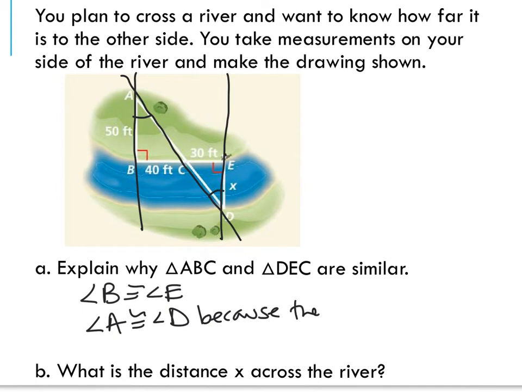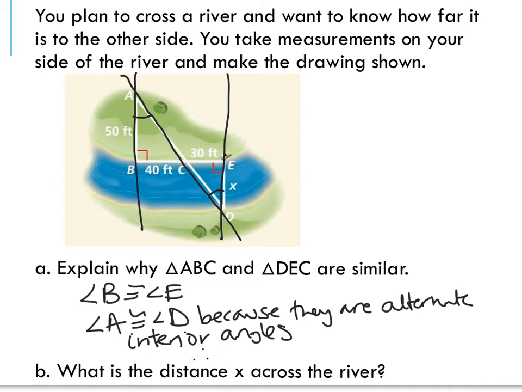because they are alternate interior angles. All I really need is two of them to prove that they are similar to each other. So therefore, and a little shorthand way to write or a symbol for therefore is three little dots in a triangle.